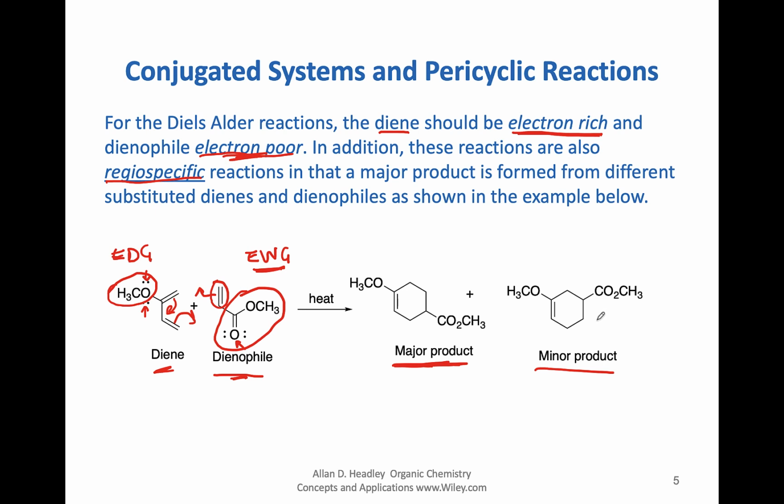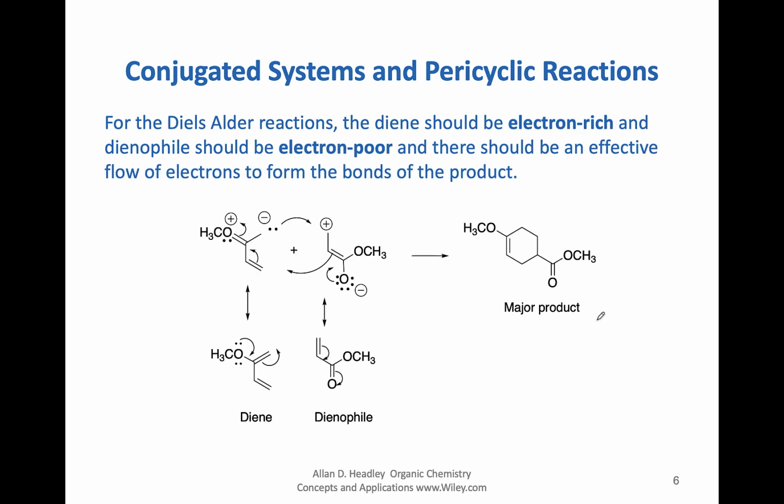So let's see. On the next slide, here we have the diene again and the dienophile. What we have drawn here are resonance structures in which this electron donating group donates its electrons to the diene.